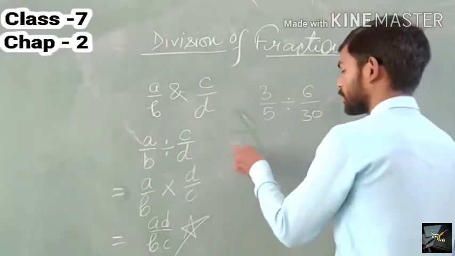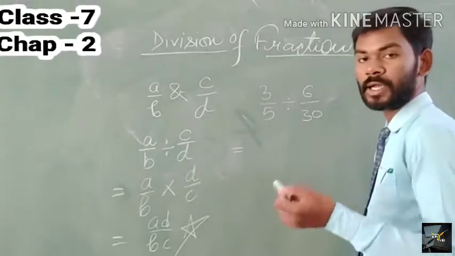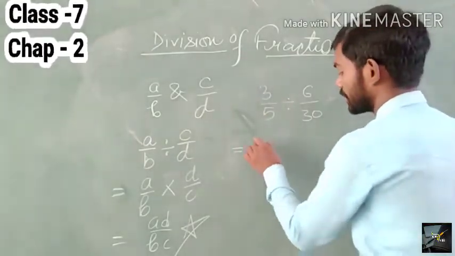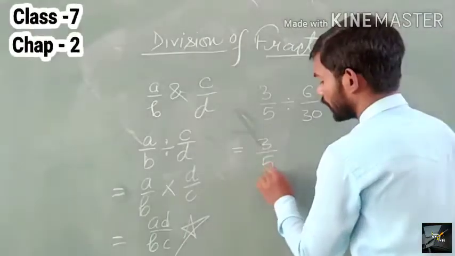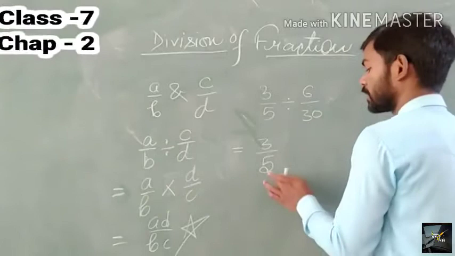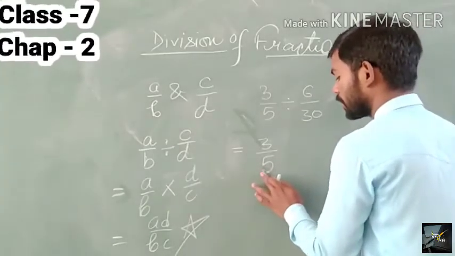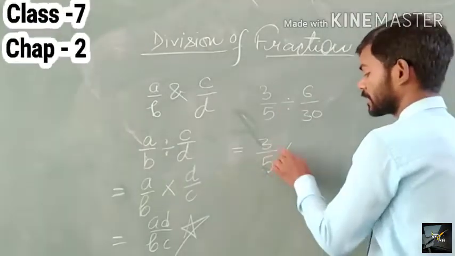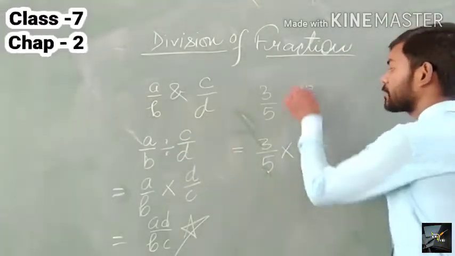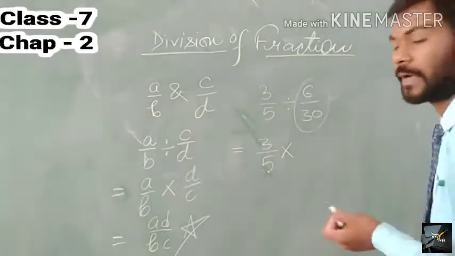So in the first step, we write the first fraction as it is, that is 3 upon 5, and we write the reverse operation of division, that is multiplication, and now we write the reciprocal of the second fraction.